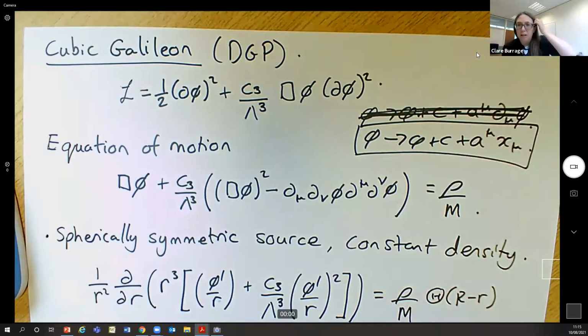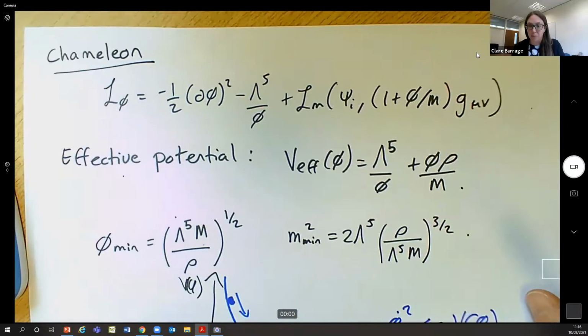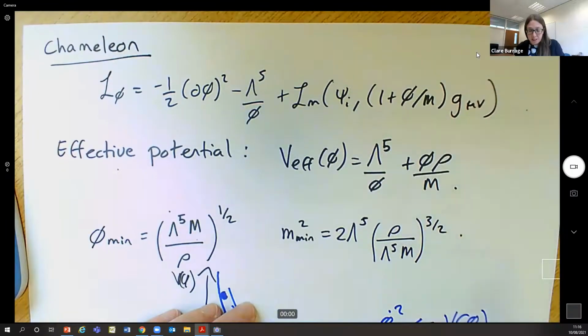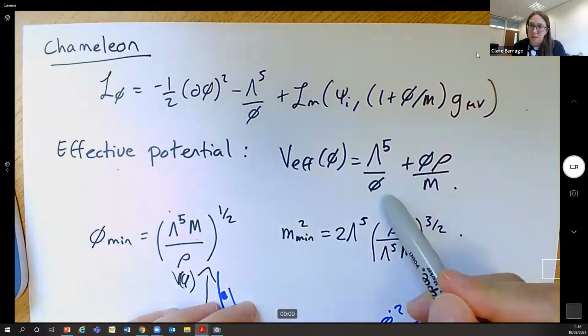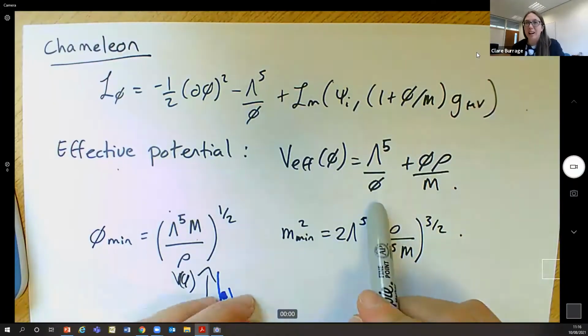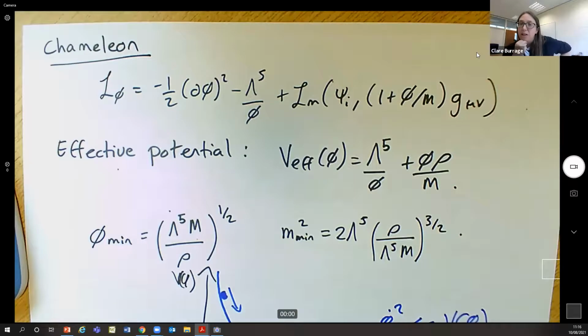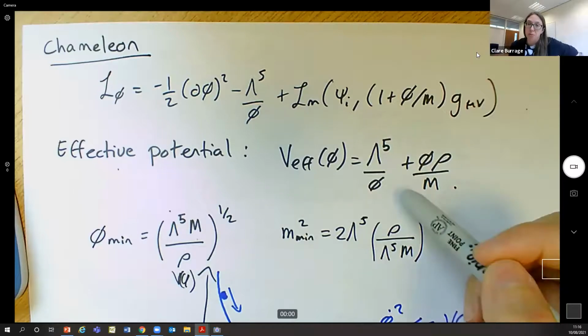And symmetries are always good because they give you a reason for picking a subset of operators and not others. This is a point that I didn't make when talking about the chameleon, but which absolutely is a valid criticism of that theory, which is, why on earth have you chosen this potential? How do you know that there aren't other higher order operators that you should be including as well?